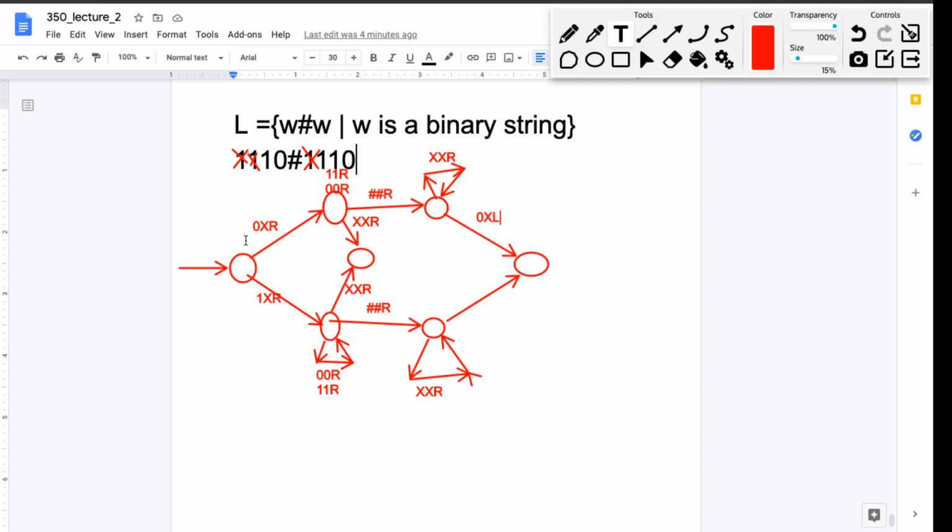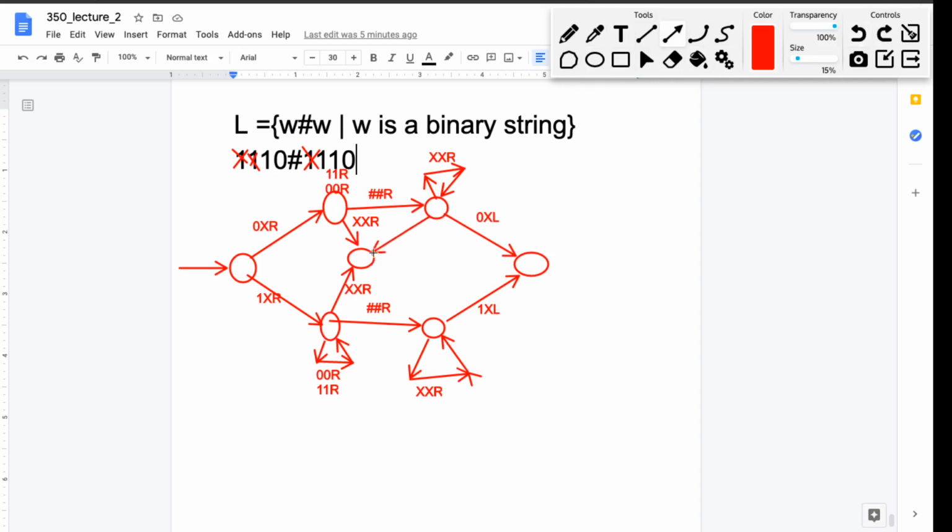And then you go left, and then here you have something but the opposite symbols, 1, X, left. Okay, so if the first symbol you saw was 1, then you swap it with 1, then you're looking for 1. If the first symbol was 0, then you're looking for 0. If, of course, you saw 0 and then you see 1 here, that's going to be a mistake. That's going to be unacceptable.